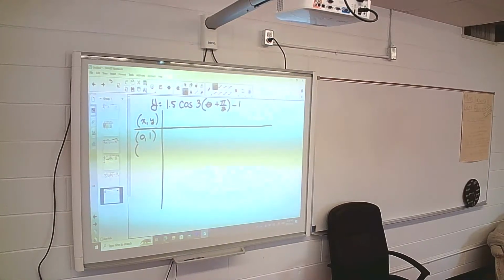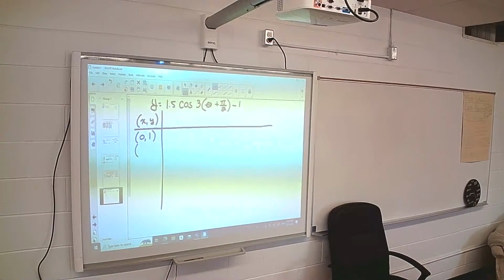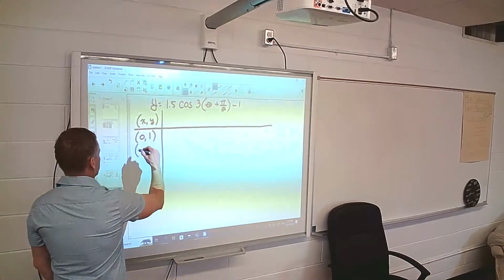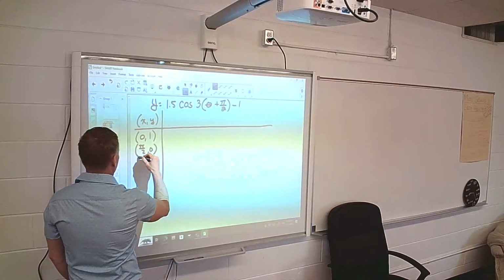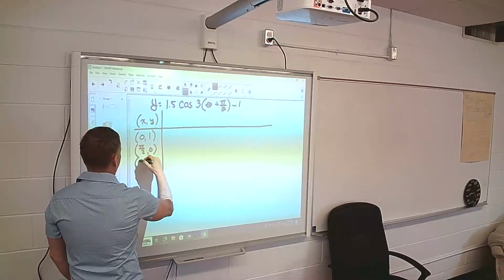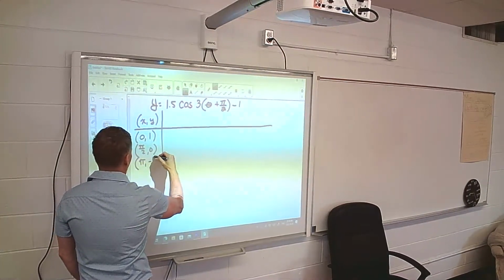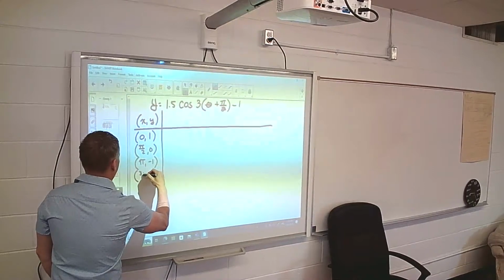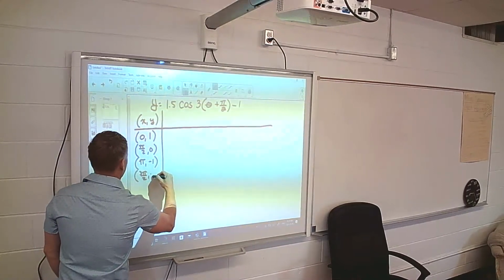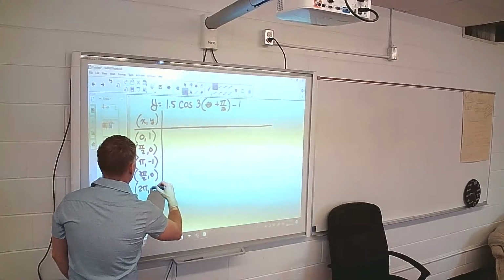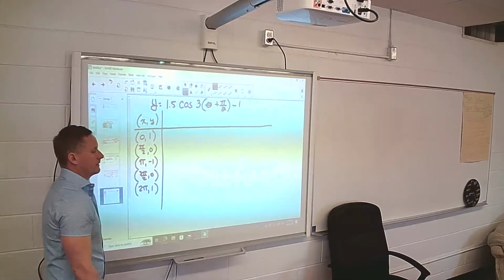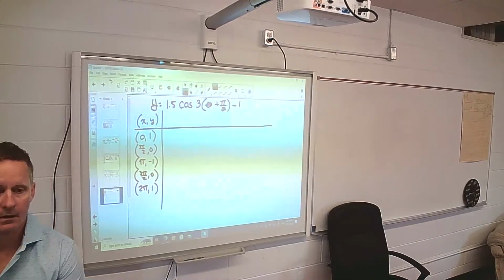But we can try right now. Let's try right now just to work with the fractions. Okay? So my next one is pi over 2 and 0. 1 pi and negative 1. 3 pi over 2 and 0. 2 pi and 1. So those coordinates will always be the same for like the constant?